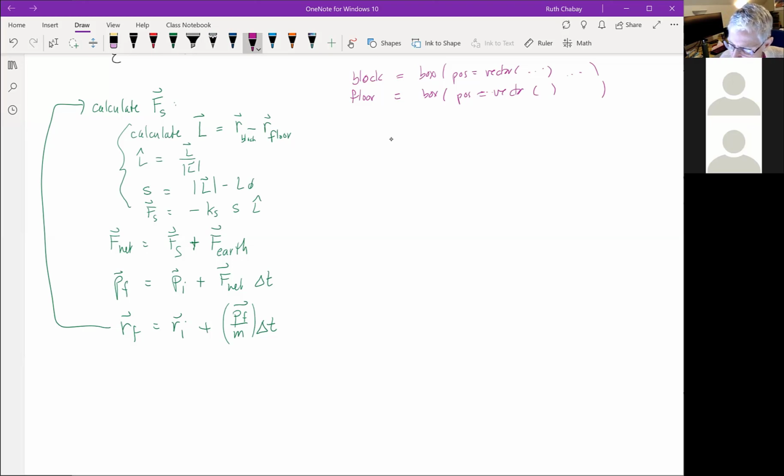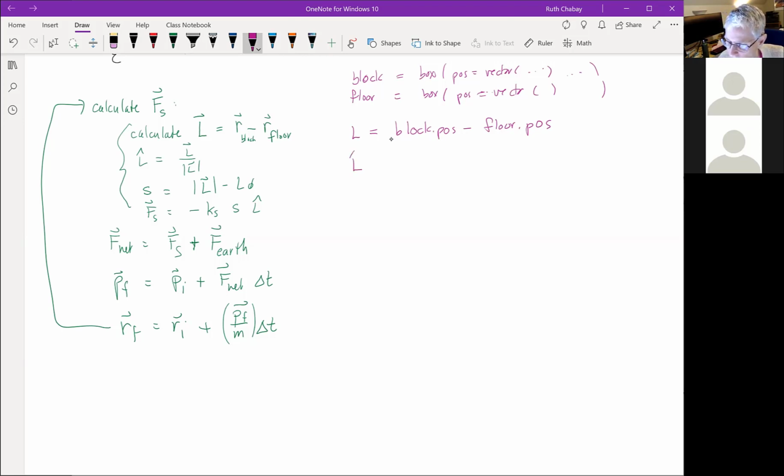So this calculation we could do is, this is block, so L can't, unfortunately there's no way to symbolize a vector in Python. That would be nice if there were, but we could make it block dot position minus floor dot position. So that's the relative vector between the block and the floor.